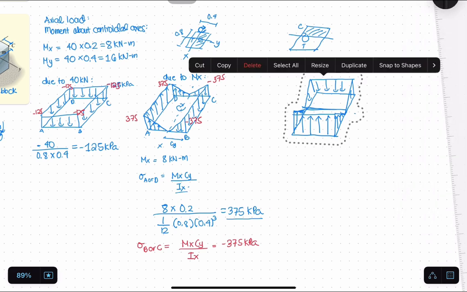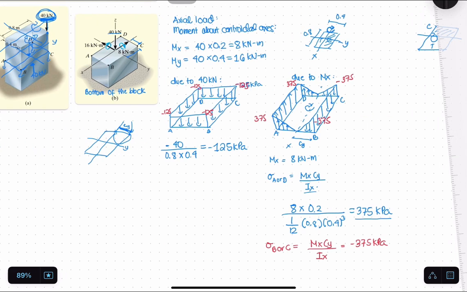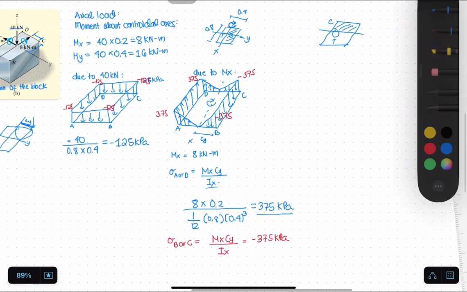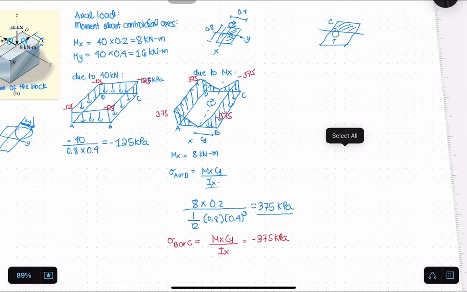Pangit yung drawing natin. So, ulitin na naman. Tapos, ito yung division.